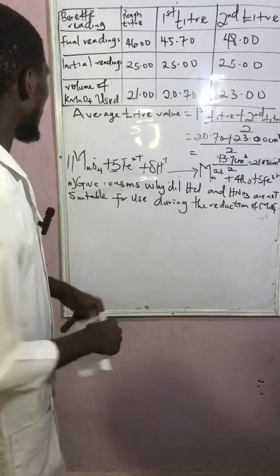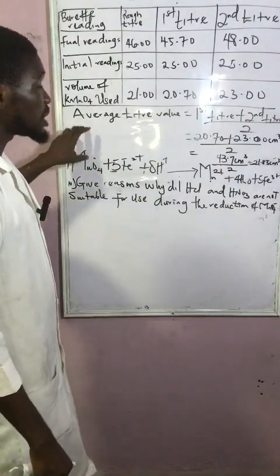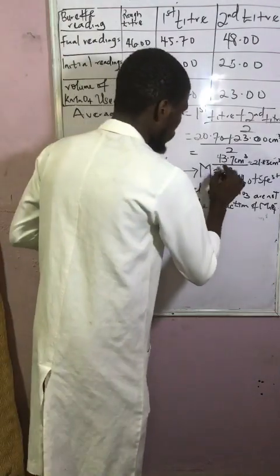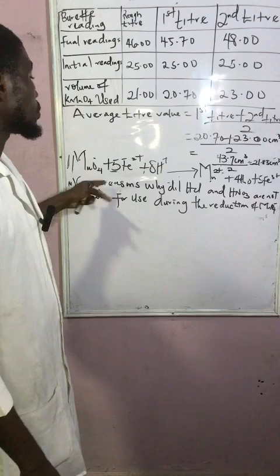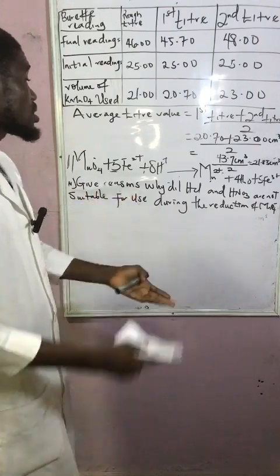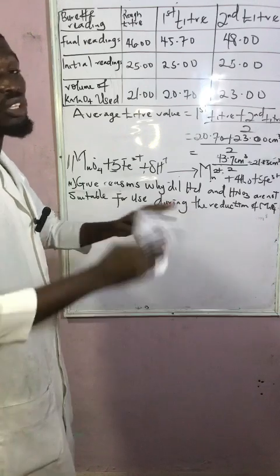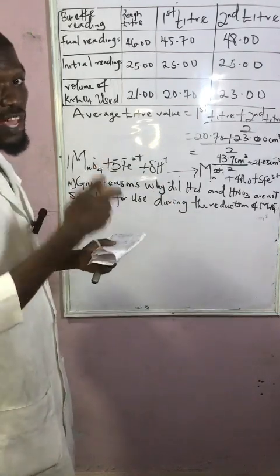Note one thing I said earlier, that this MnO4 here is being reduced to Mn2+. And if MnO4 reacts with dilute HCl, they are not suitable because chlorine gas will easily evolve.